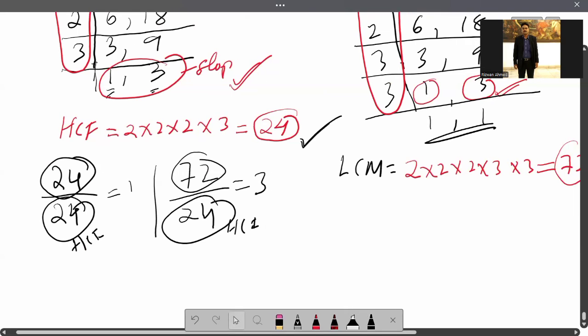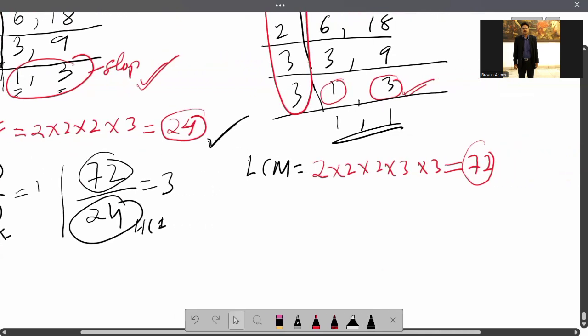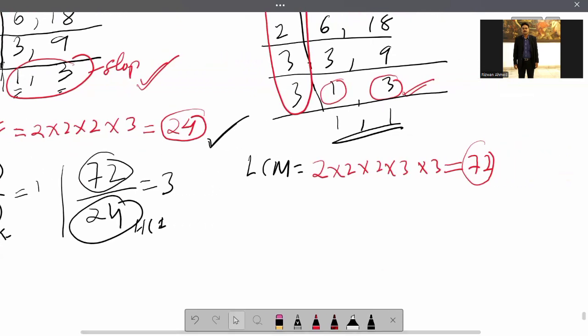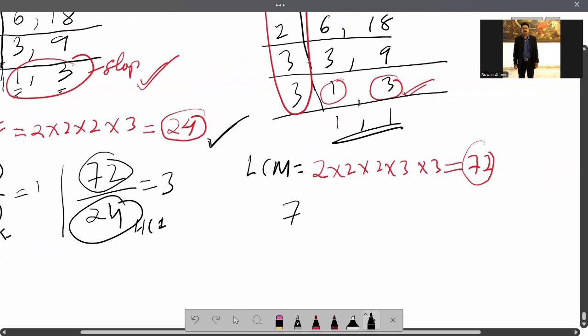Now look at this LCM. For LCM, we have a formula as well. For example, your LCM is 72. So what is the first number? That is 24. Check if it's divisible or not. The 72 is divisible by the 24.